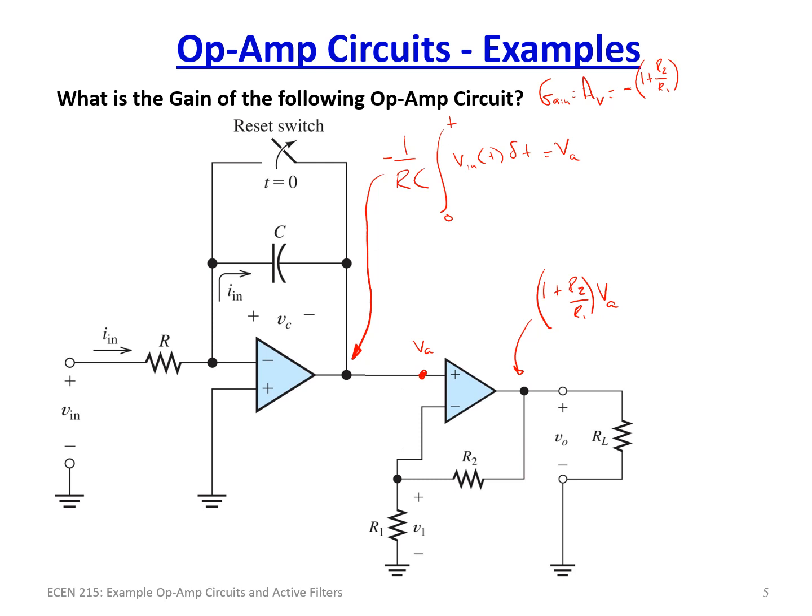So 1 plus R2 over R1 divided by the RC that is over here. So this is our R1 and R2. That's our overall gain of the function. And then it's just simply the integral from 0 to t of Vin dt. And that's it.